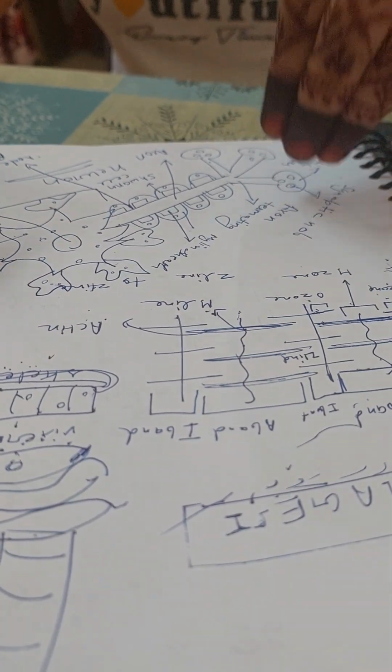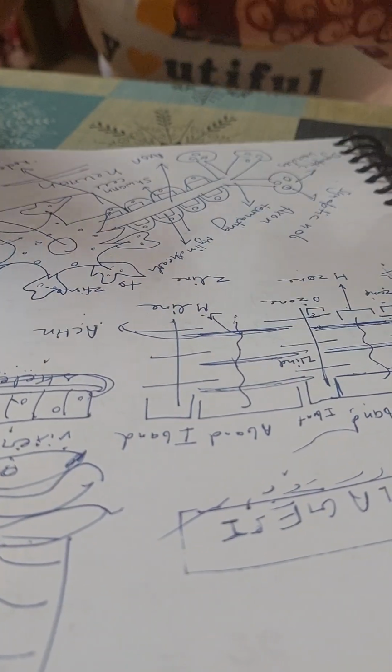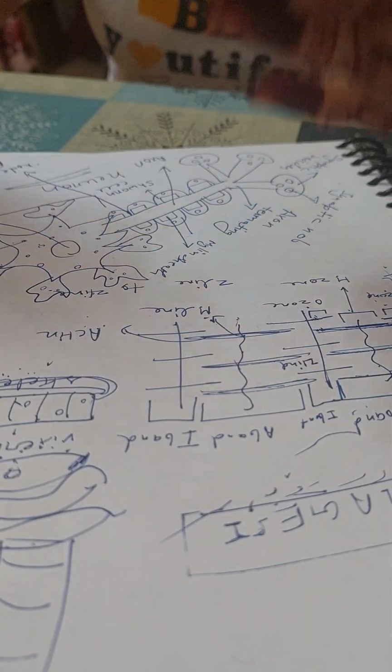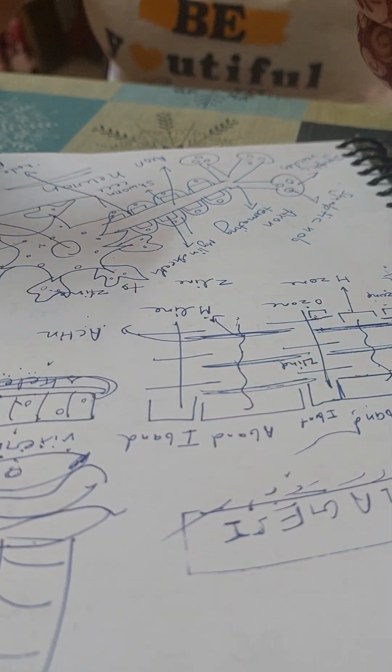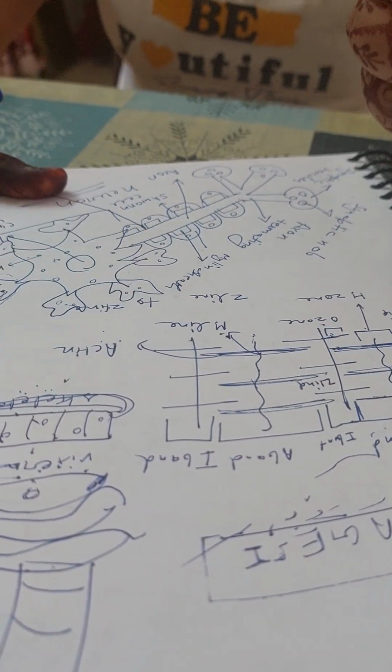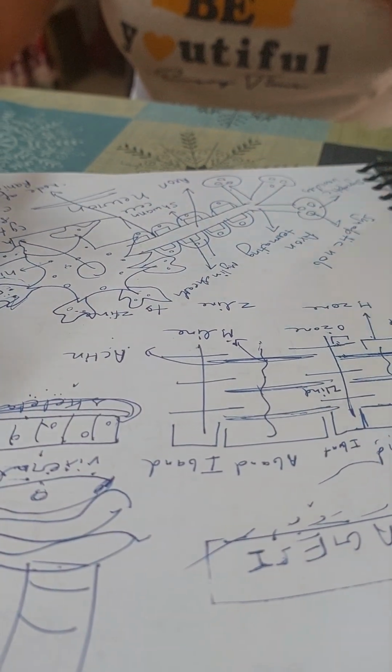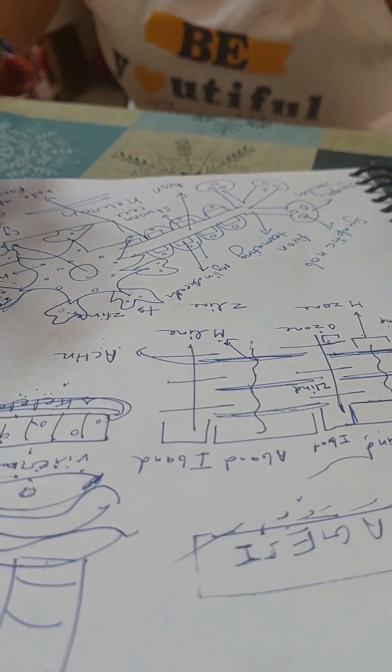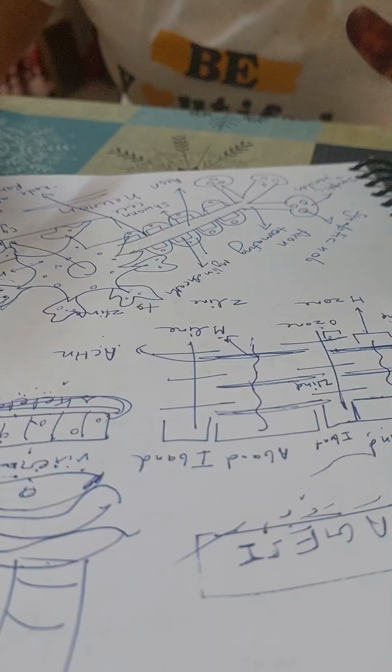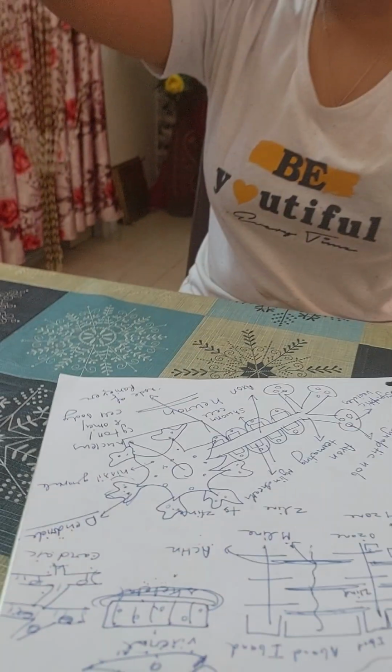From synaptic knob, the electrical impulses are converted into a chemical called neurotransmitter. This neurotransmitter is passed to another neuron. Okay, this is the whole structure of neuron.